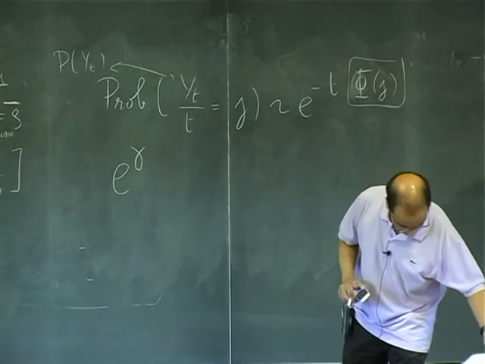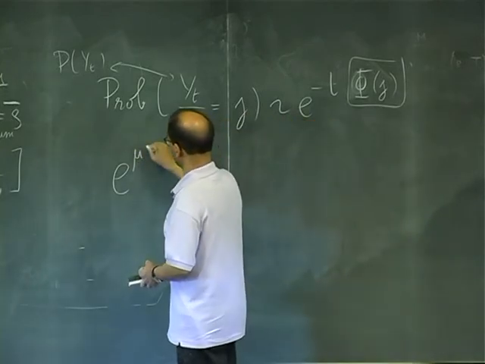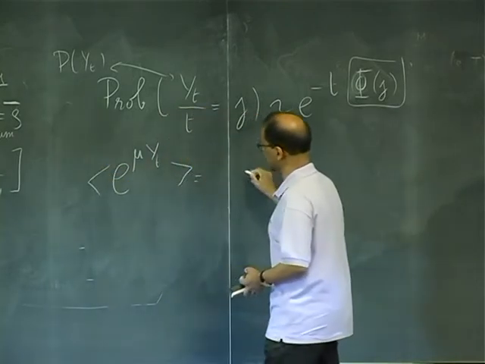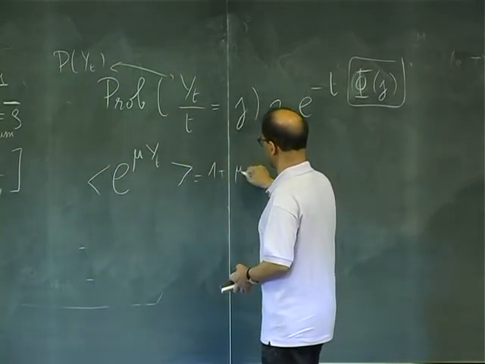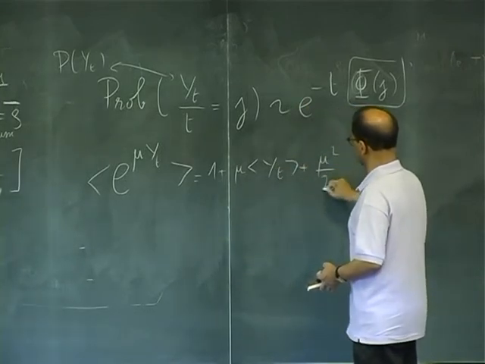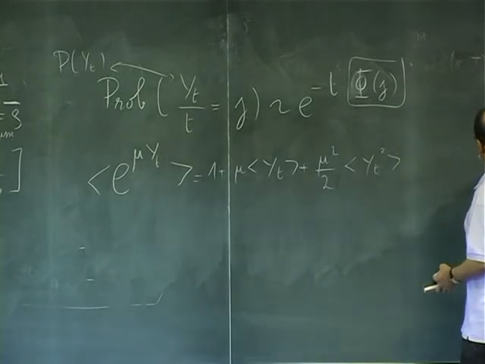No, not gamma, because gamma is something else. Mu. You can take the generating function of the moments of y. If I make a formal expansion with respect to mu, I will generate all the moments, and so on.